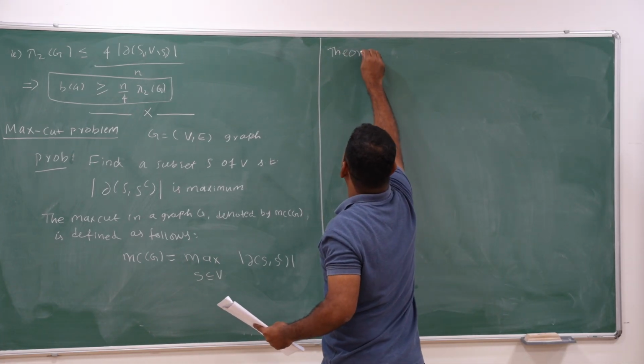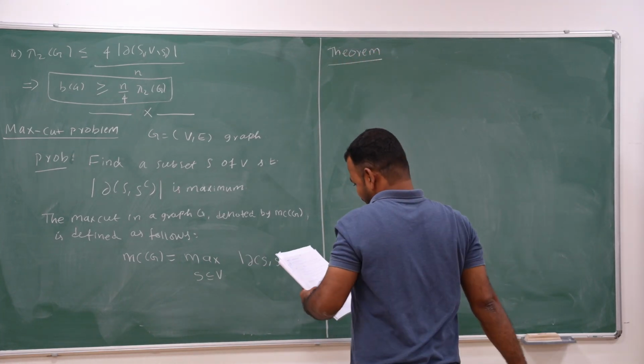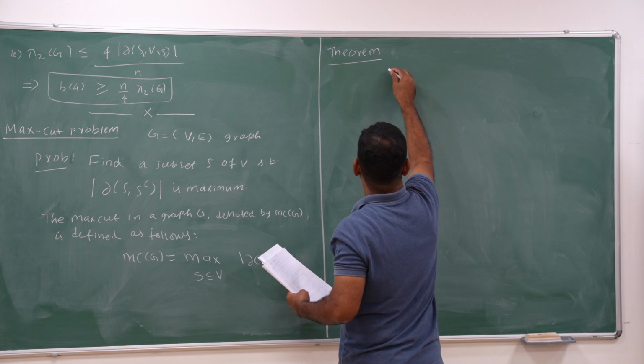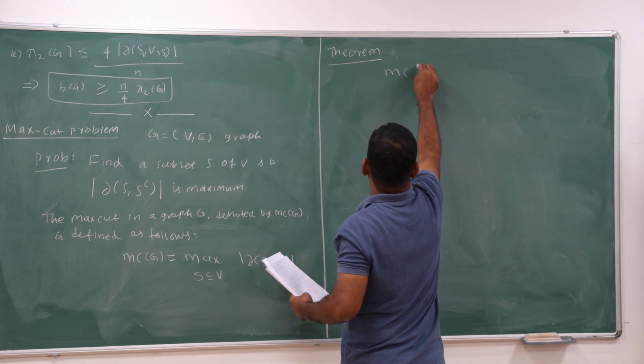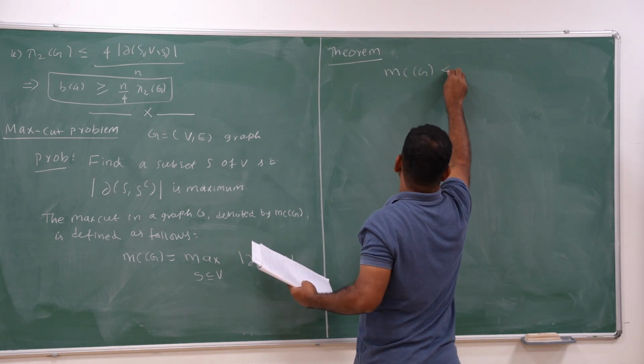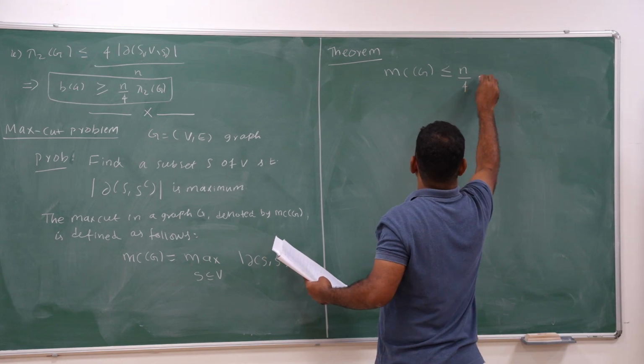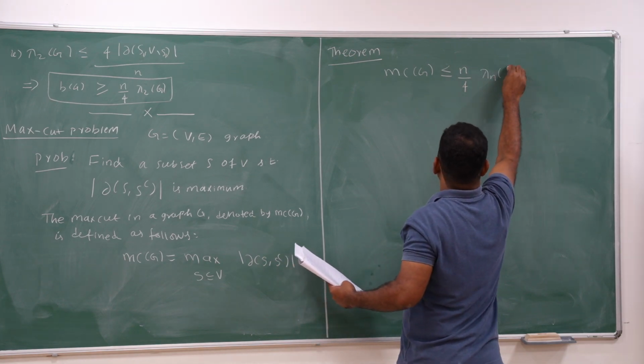Theorem: the max cut of the graph G is less than or equal to n over 4 times the largest eigenvalue of the Laplacian.